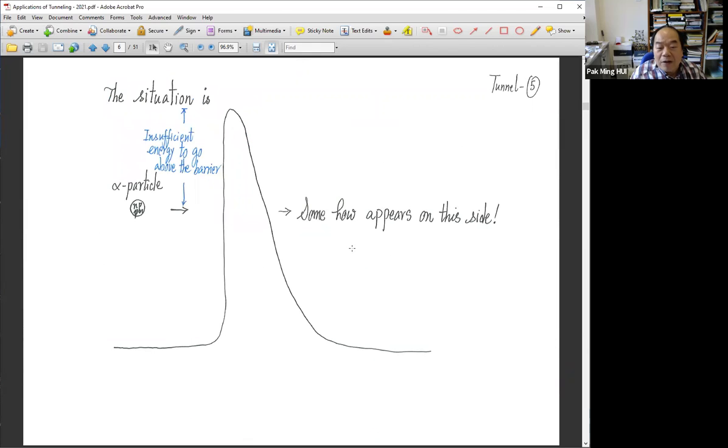And now, look at what it has to do in order to tunnel through. Now, if this particle has a slightly higher energy, the deficiency in energy, I mean this one, relative to the top of the barrier will be smaller.